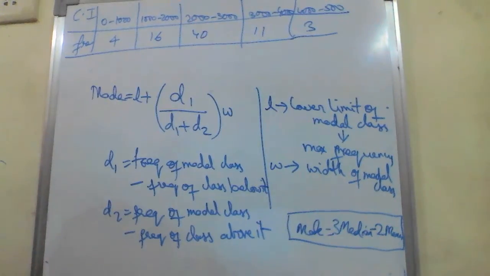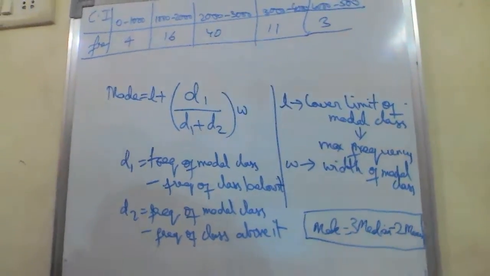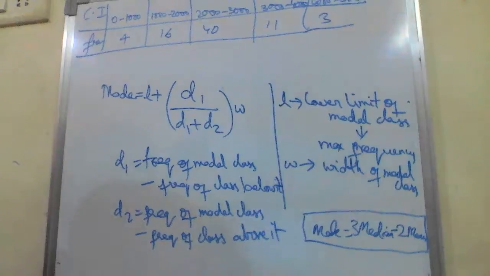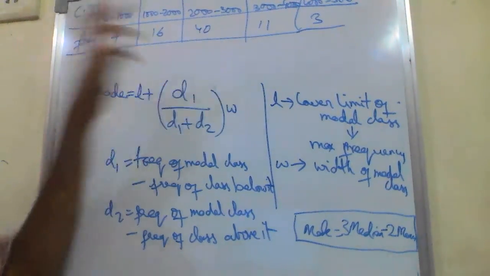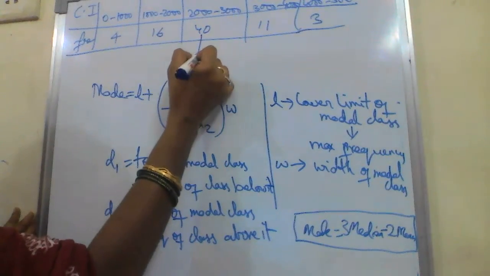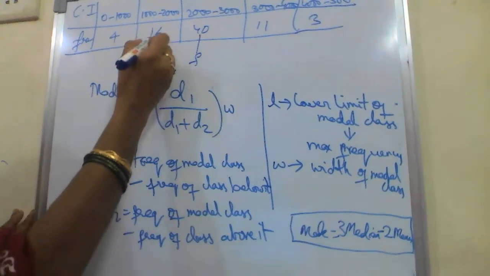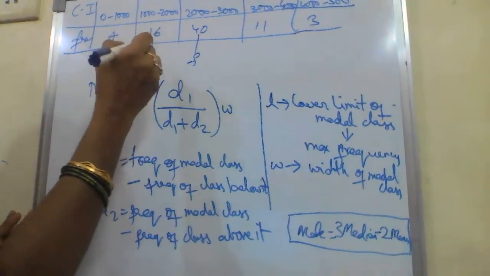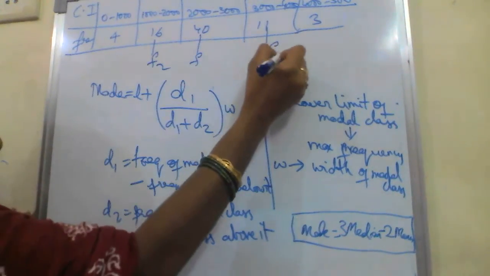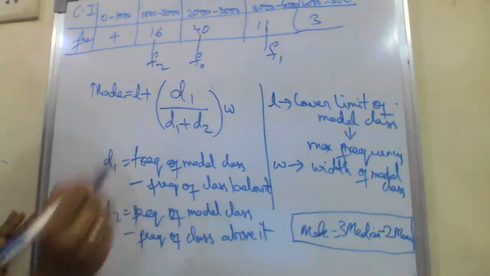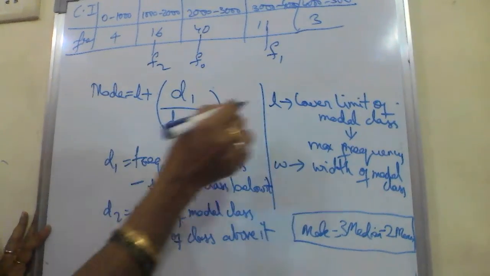So 40 is the frequency of the modal class. Call this F1, this F2, and suppose this is F0. Now identify these values.